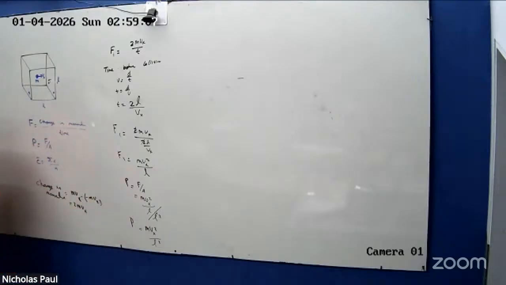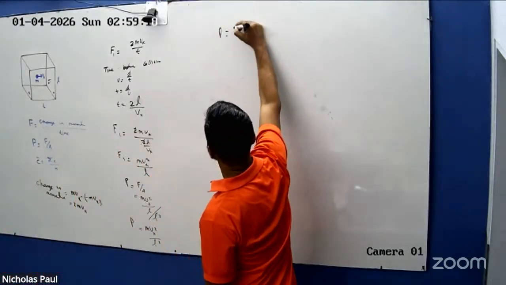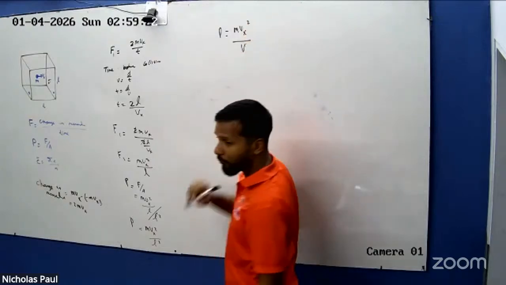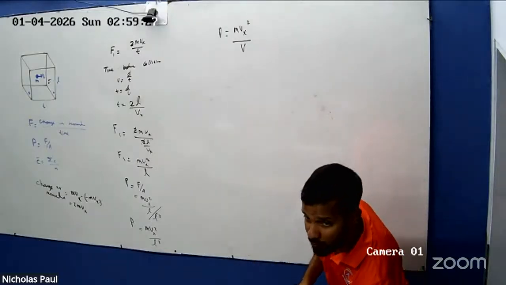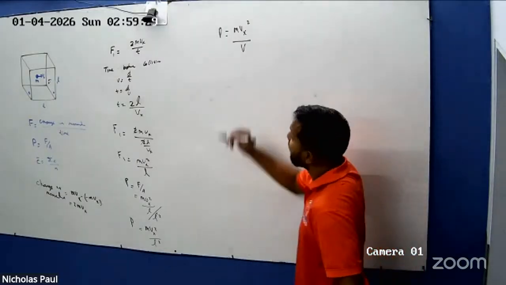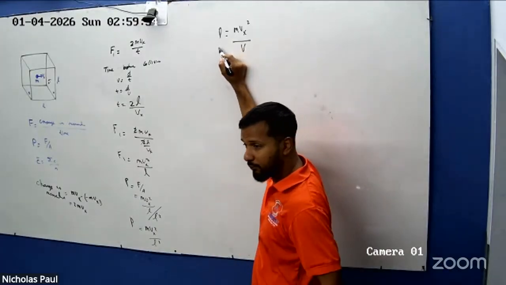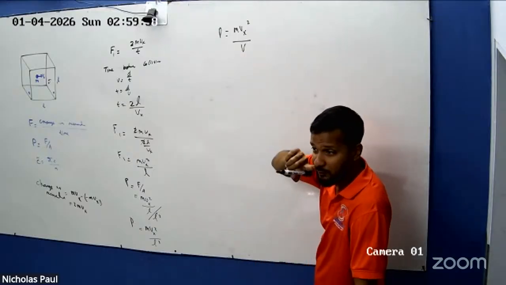Volume. So technically, what do I have here? I have PV is equal to mVx squared. That's okay? So I have the pressure exerted by one particle. Everybody okay with that? Now I'm going to change it to n particles.